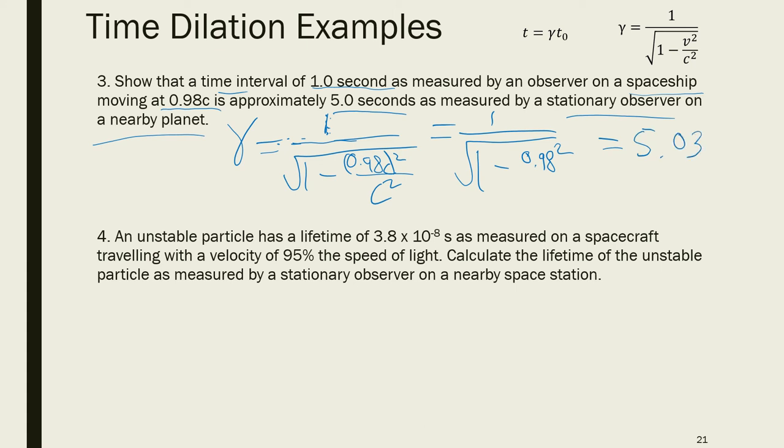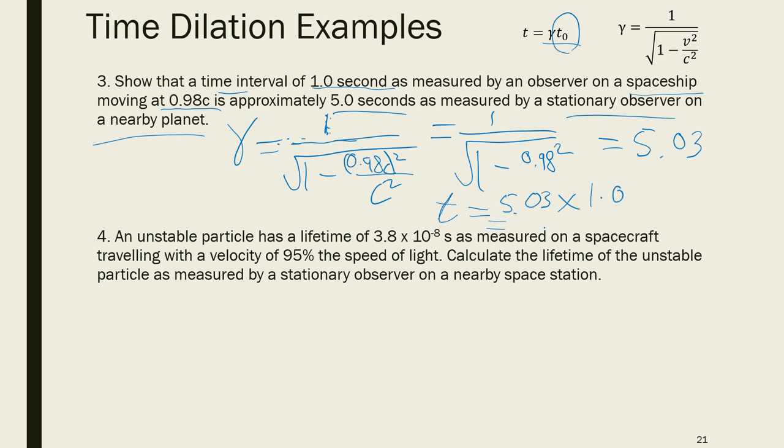And then to find the time as measured by that stationary observer, it's obviously going to be dilated, so it's going to be the Lorentz factor, which is 5.03, multiplied by the proper time, which was 1 second as measured by that observer on that spaceship.